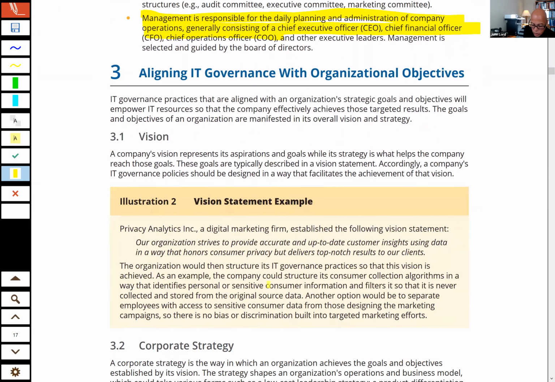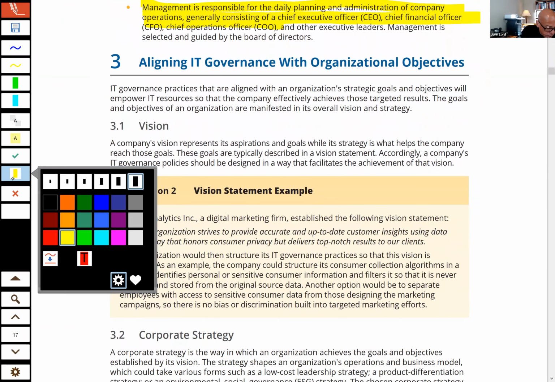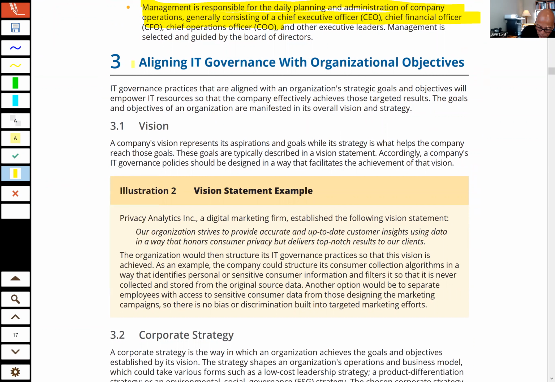So let's just take a look at how we will align our IT with the organization's objectives. And you can take a look. We have vision, okay? And so with vision, we're going to be looking at how a company's vision represents its aspirations and goals. And those goals are described in a vision statement.